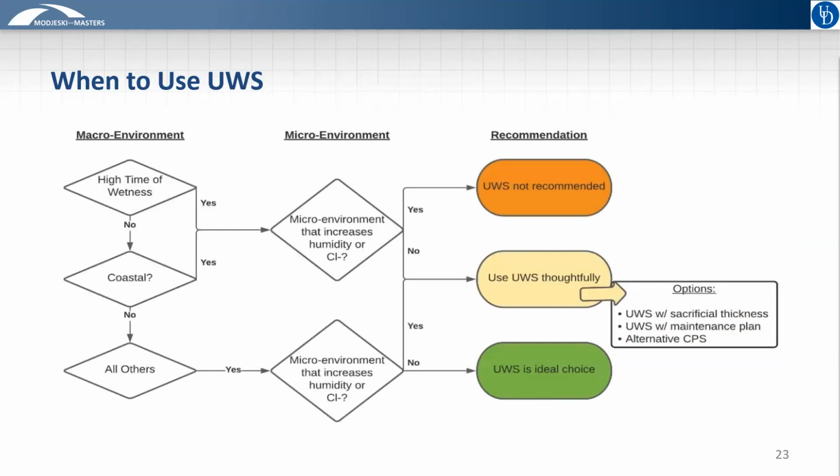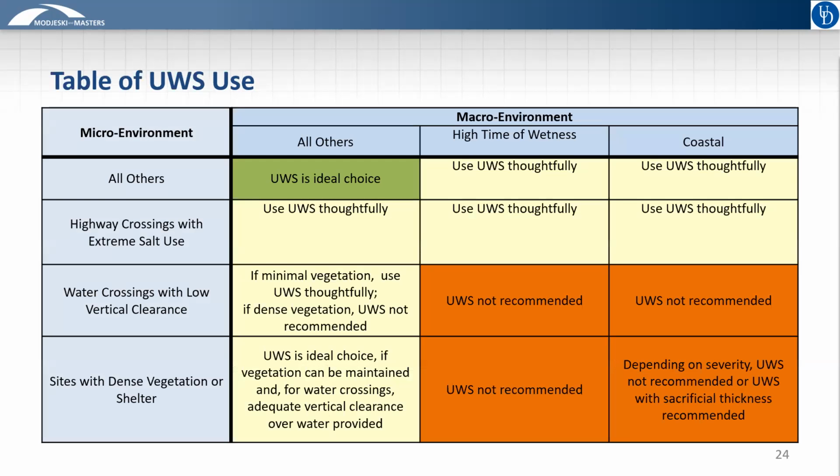So tying all those details together, we return to the flow chart that I showed at the beginning, where the microenvironment and macro environments are quantitatively considered to result in a recommendation on the use of uncoated weathering steel. We can also illustrate that same concept in table form, where the combinations of environments where uncoated weathering steel is not recommended or where the thoughtful use of uncoated weathering steel is recommended are clearly identified.